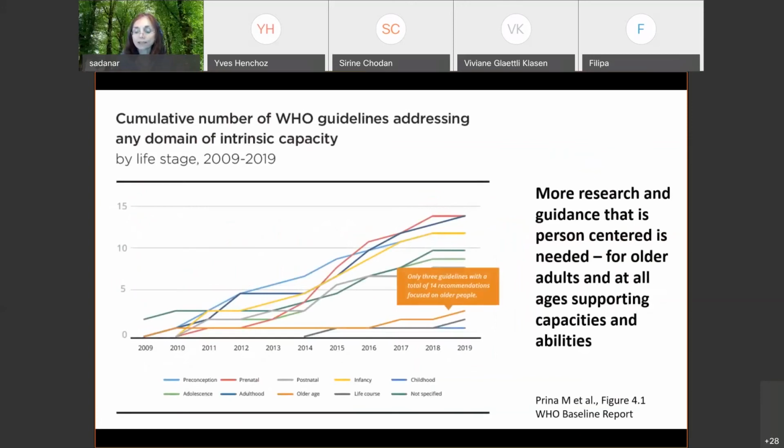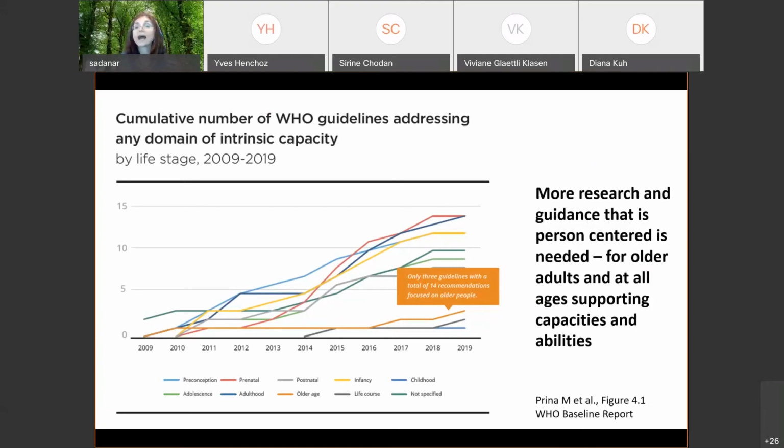So we've been preaching a lot, but one of the things that we did in the report that's documented is we also looked at what WHO is doing. And we realized that one of our key functions is to develop normative guidance that ministries of health around the world then often use in the development of their programs. And we found that when we looked at our WHO approved guidelines, which go through a rather rigorous process, very few actually look at the whole individual, not from a disease-based perspective, but from a capacity perspective.